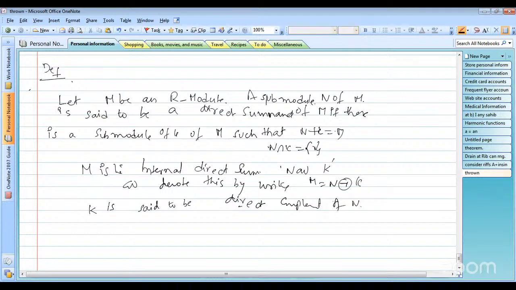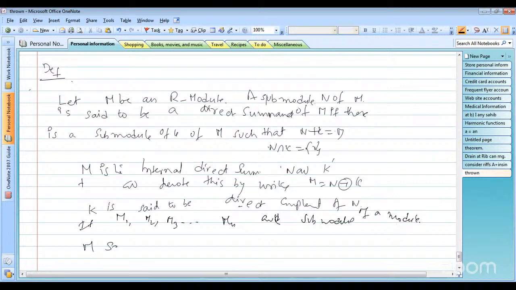So if we are taking here M1, M2, M3, and so on, Mn, submodules of a module M satisfying any one of these conditions, it means the internal sum of M1, M2, and so on, Mn.